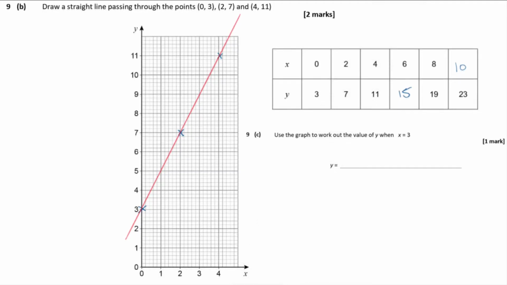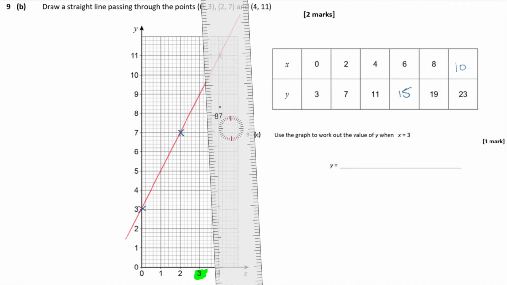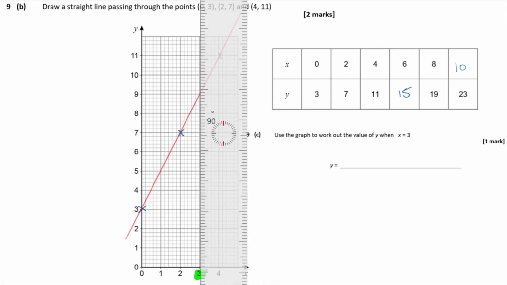Okay. Part C says use your graph to work out the value of y when x is equal to 3. So x is 3 is this value down here, look. So what we're going to do is put our ruler going straight up from 3 until it hits the graph.